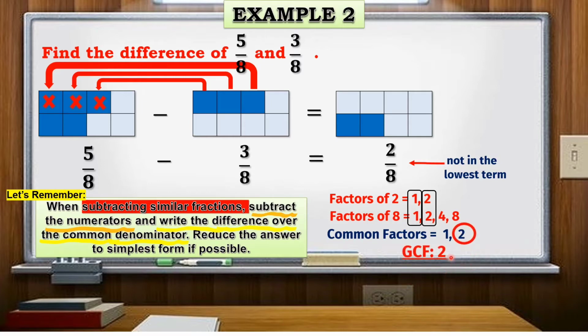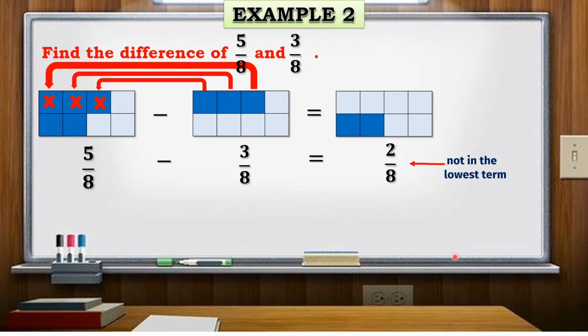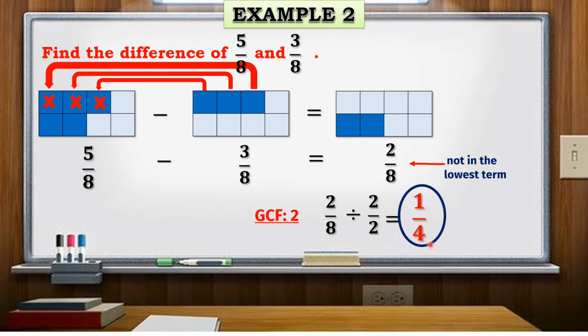And the greatest common factor of 2 and 8 is 2. Let's divide 2/8 by its common factor 2. 2 divided by 2 is 1. 8 divided by 2 is 4. 1/4 is in its simplest form because it has no more common factor aside from 1.